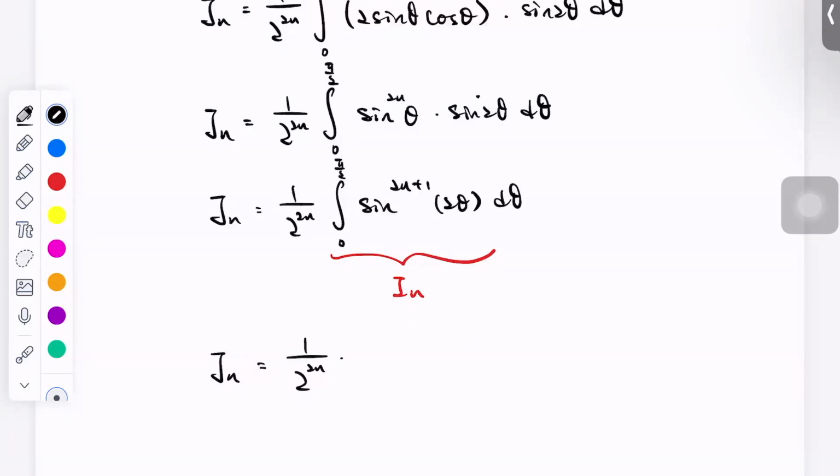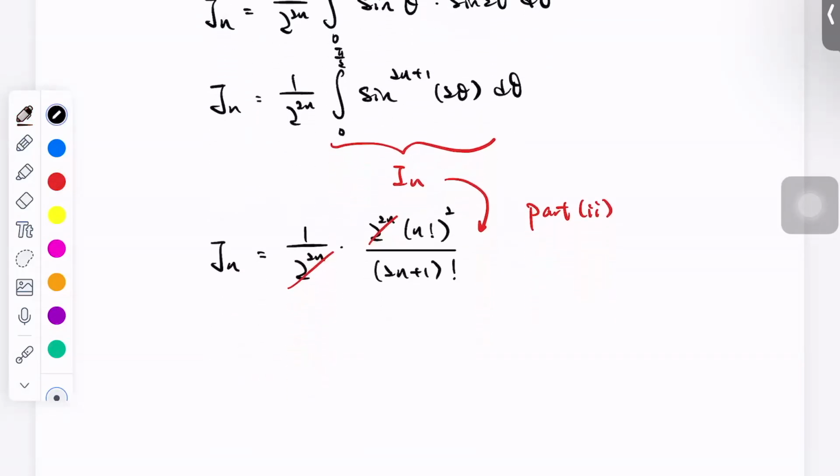So that means it will be 2 to the power of 2n and n factorial square over 2n plus 1 factorial. So this is your In in part 2. And that's why you can cancel out the 2 to the power of 2n. And that's why your Jn will be n factorial square over 2n plus 1 factorial.